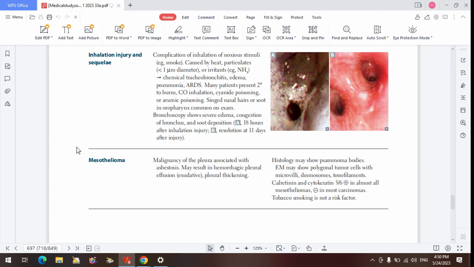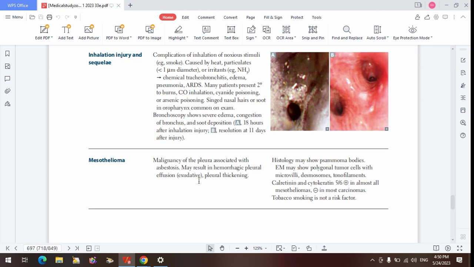With time, those pleural plaques can undergo hemorrhagic transformation, causing hemorrhagic effusion. That's a form of exudative effusion. There's hemorrhage already, so there's damage to the blood capillary endothelium, and blood enters the pleural cavity. So that's exudative. In transudative, you don't have damage to the capillaries.